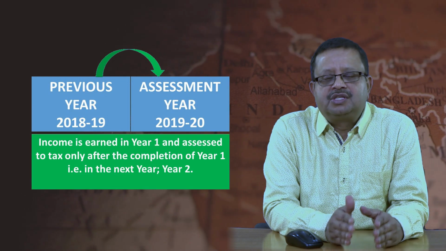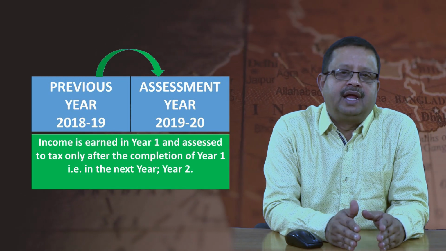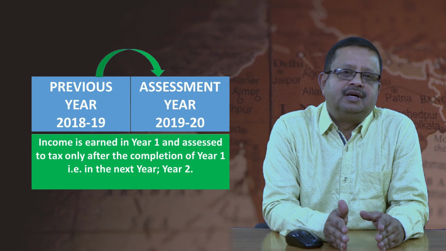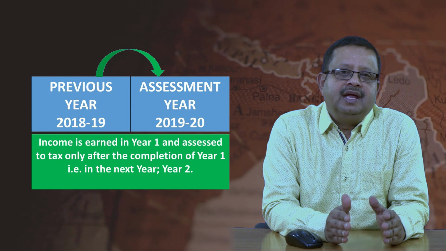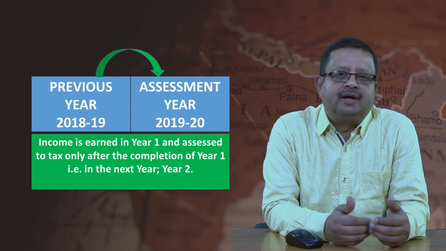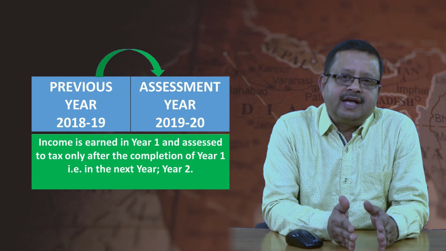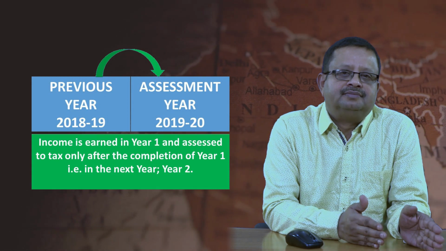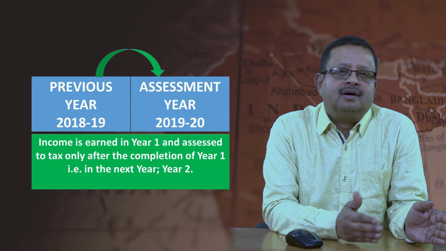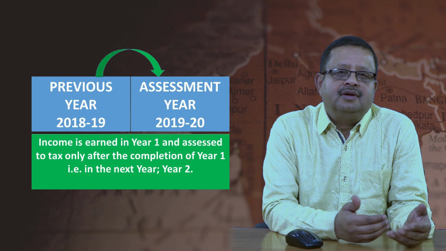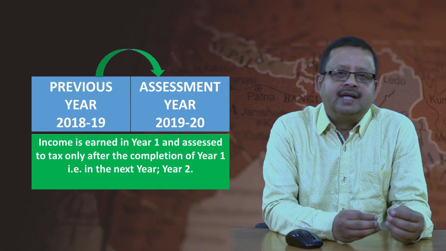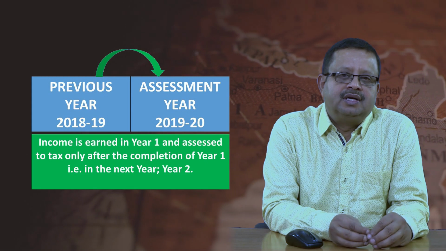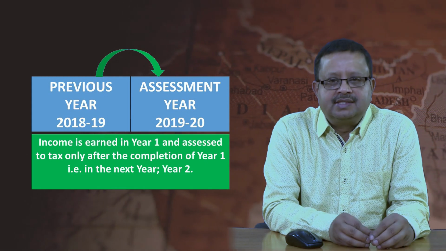The next year, which starts from 1st of April 2019 and ends with 31st March 2020, in this year the income tax department will calculate the tax to be paid by the taxpayer on the income earned by him or her during 2018-19. We can say that assessment year follows the previous year.